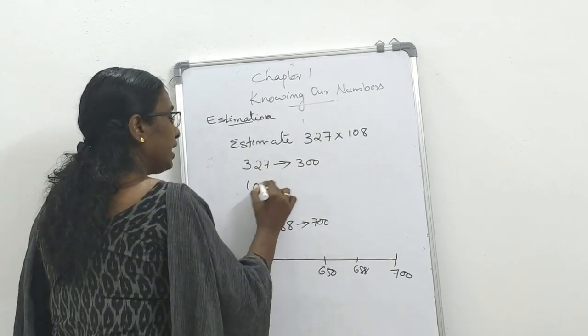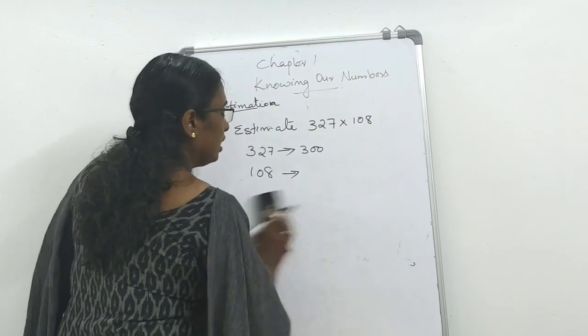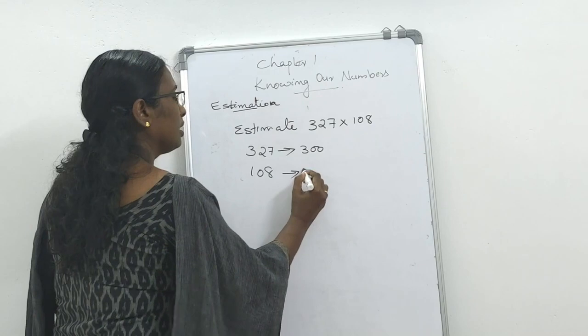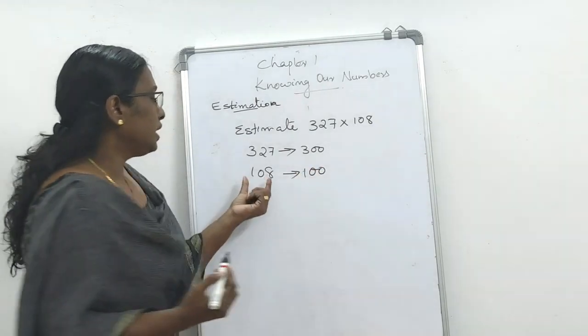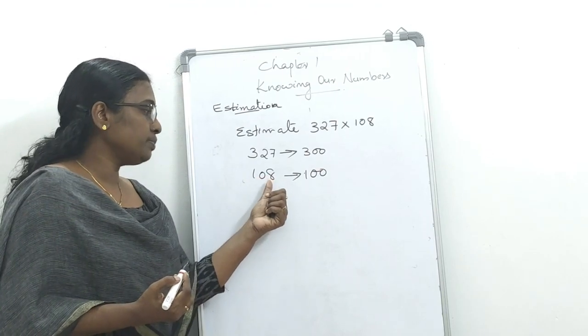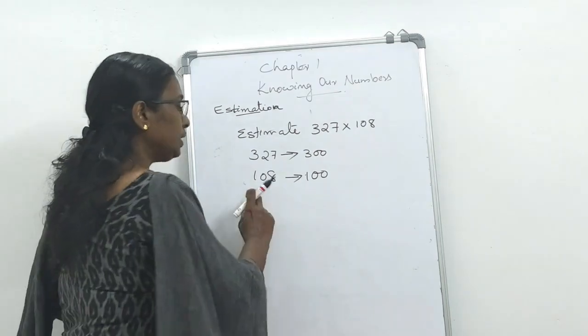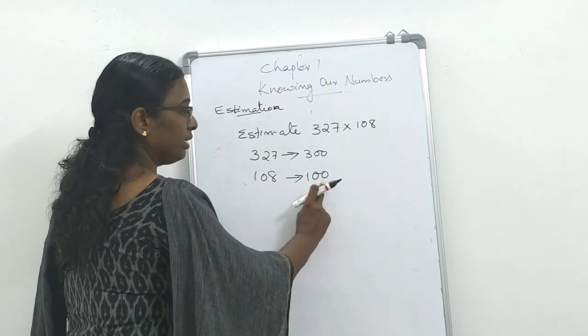Then 108. The estimated number of 108 is 100 because it is closer to 100 than 200. 108 lies between 100 and 200. It is closer to 100. So the estimated number of 108 is 100.